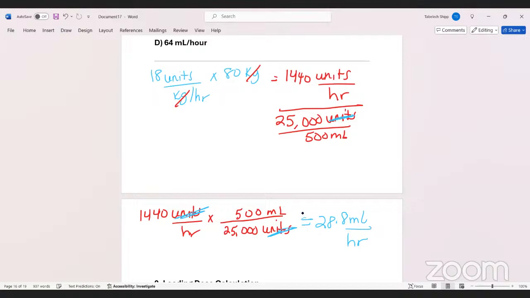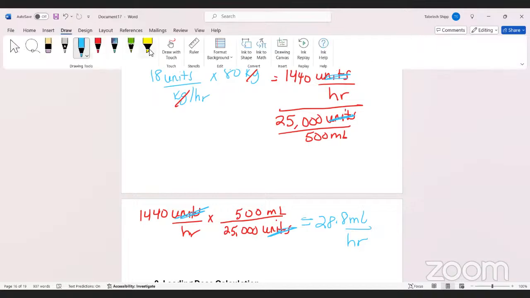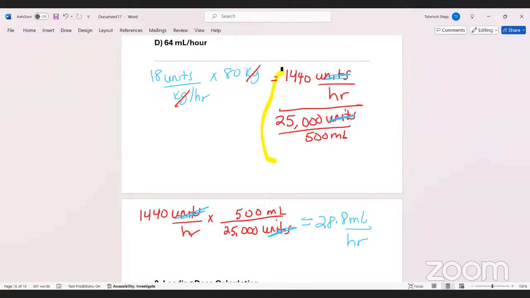Okay, and again, I know they both look confusing. Some steps take more to do. So if you do it this way, and I'm gonna box it in so you all can see it, my recommendation would be to go ahead and do 25,000 divided by 500. Get that number out the way. Keep the units there, and then plug it in. 1440 divided by whatever you get here.